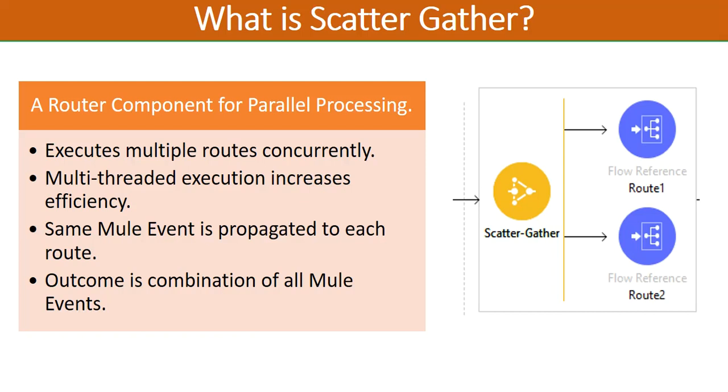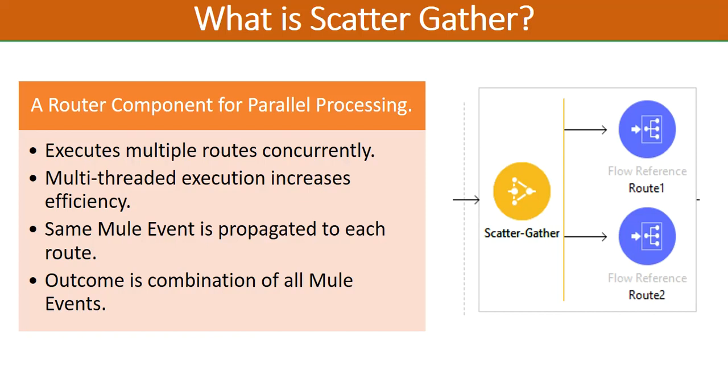And once we have the outcome from all of these routes, which will also be in the form of a Mule event, we will be able to apply different DataWeave functions, for example the flatten function, to get all of these scattered outputs, gather them, and flatten them to our required format.